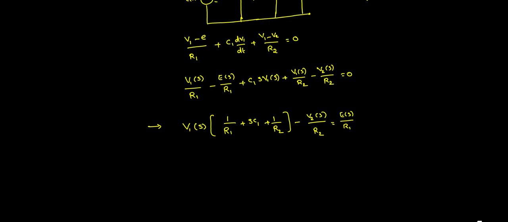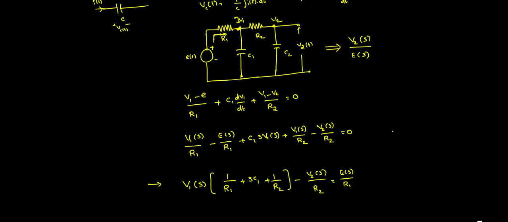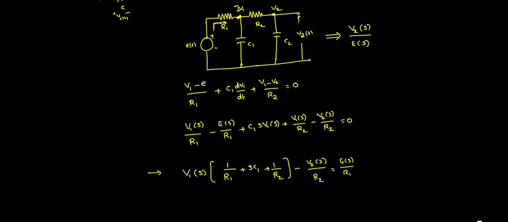Okay, so this is how we write the equation at one particular node. Similarly, let us take the second node. For this node, the current going here is (V2 minus V1) by R2, whatever we have written for the same, like the free body diagram. Similarly, we write C2 dV2 by dt is equal to 0.